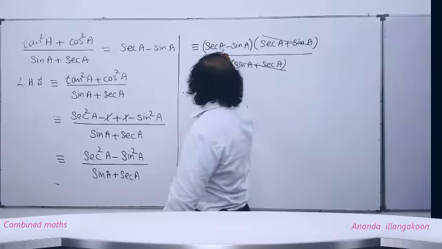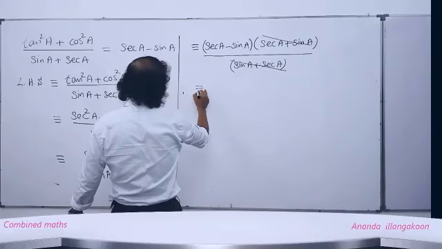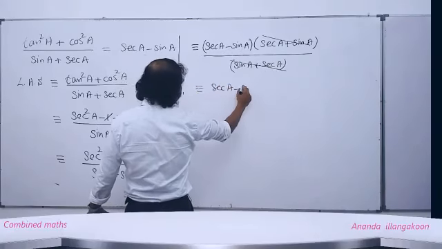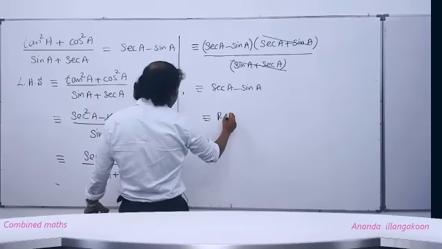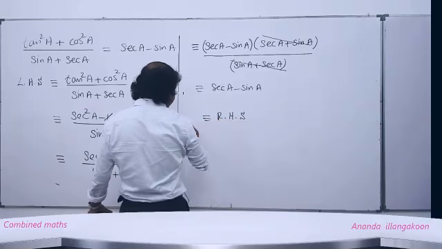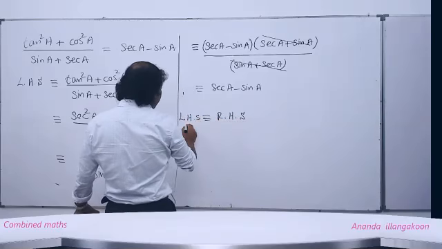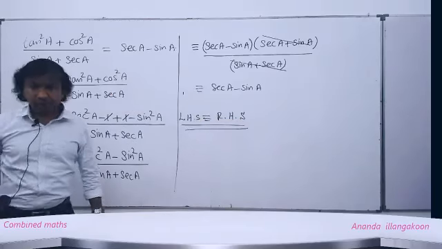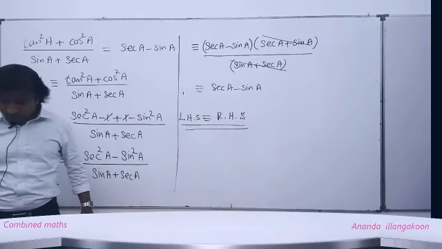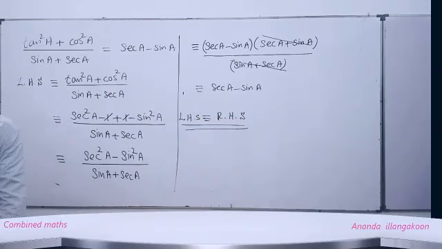Then what do you get? Sec A minus sin A. This is RHS. Very simple, people. Left-hand side is equal to right-hand side. Okay. That's how we take that part.